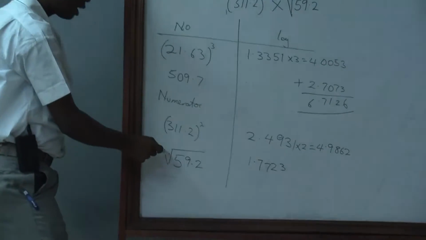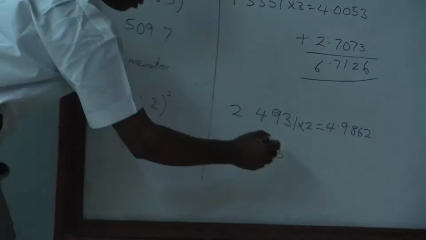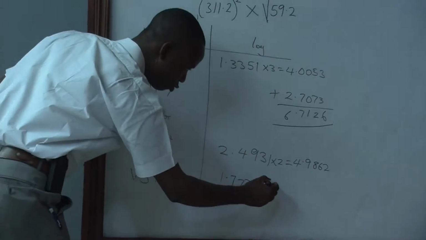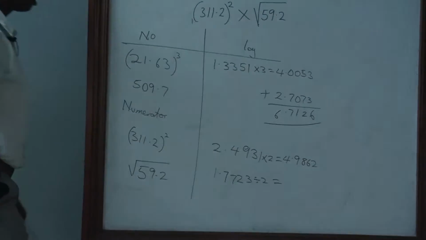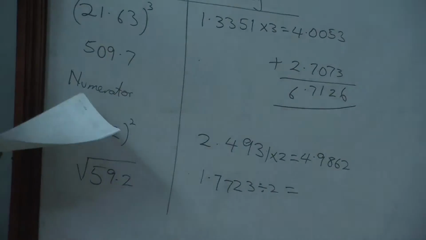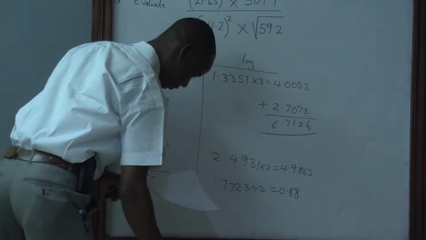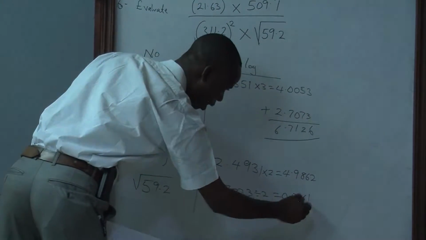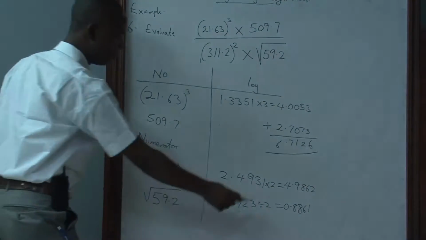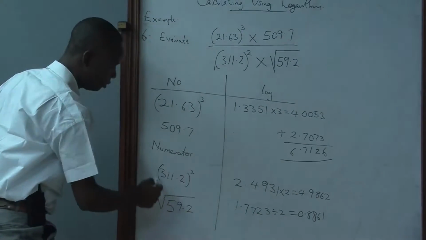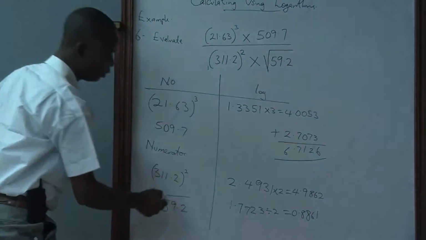And to fulfill the square root that we have there, we divide it by 2, and that will give us 0.8861.